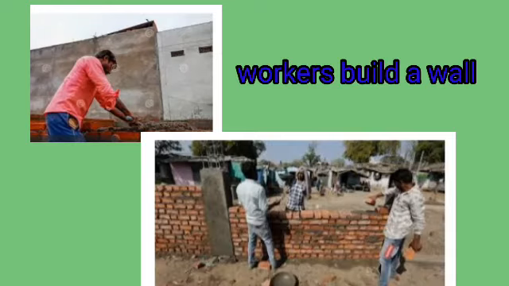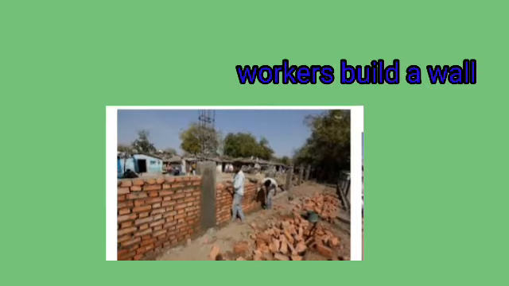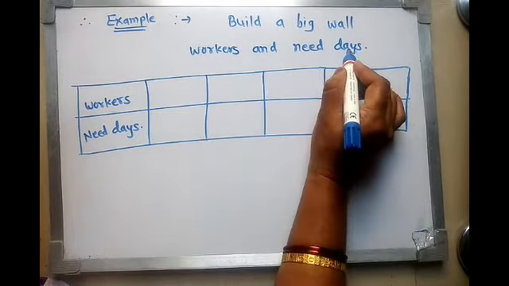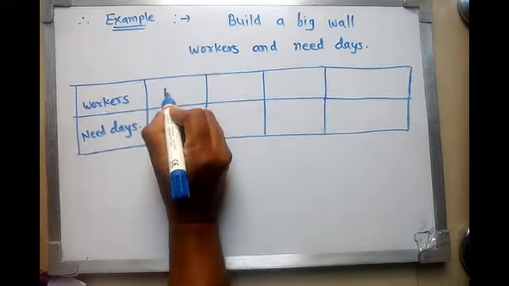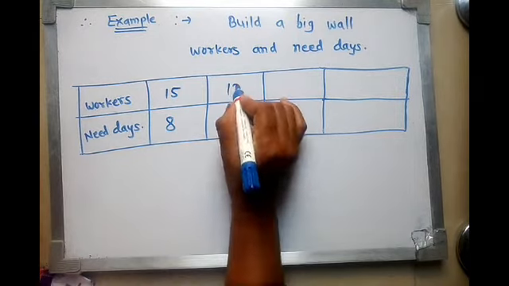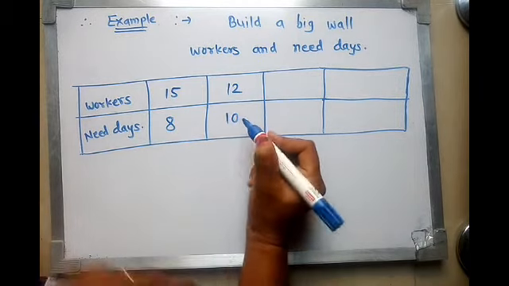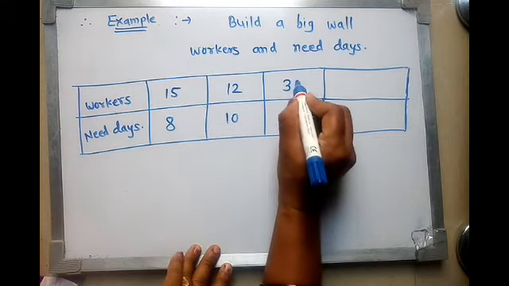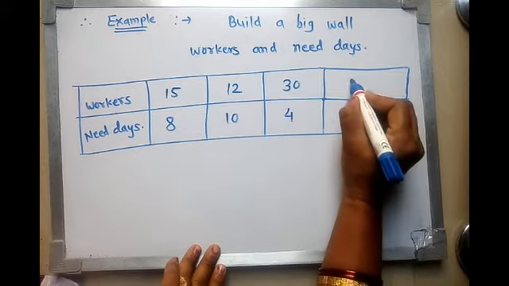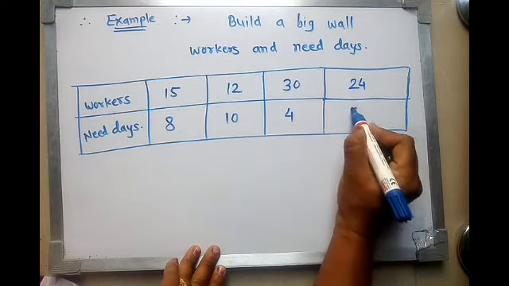Next example, workers and their work. Workers build a wall. How many days are taken to build a wall? Workers and days needed: 15 workers need 8 days, 12 workers need 10 days, 30 workers need 4 days and 24 workers need 5 days.